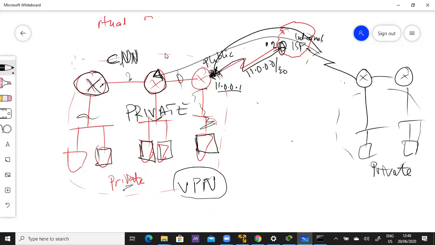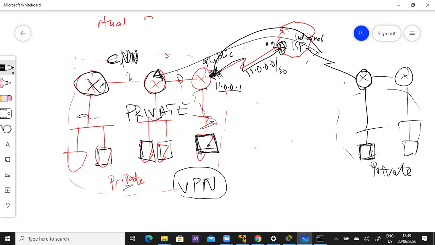Now on a normal day, a PC in this private network should never have a connection to a PC in somebody's company private network. It doesn't work that way. It will never work. But with site-to-site VPN configured on both companies' routers, now you are granting access for the private computers here to communicate.